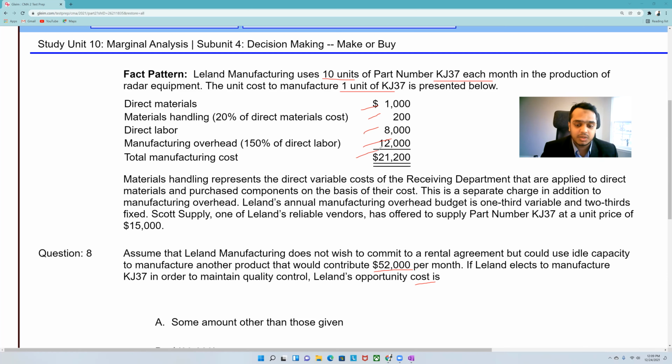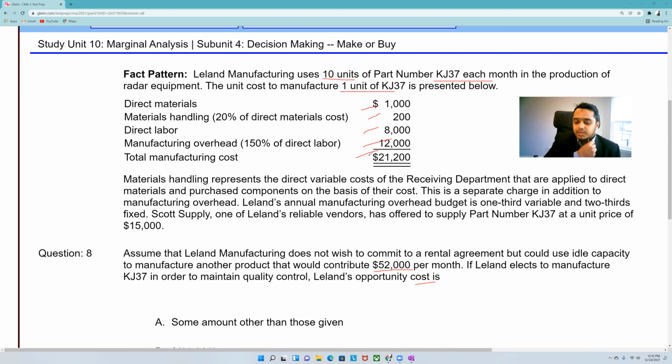Total manufacturing cost is $21,200. So that's for 1 unit. Now, material handling represents the direct variable cost of a receiving department that is applied to direct materials and purchased components on the basis of their cost. This is a separate charge in addition to manufacturing overhead.